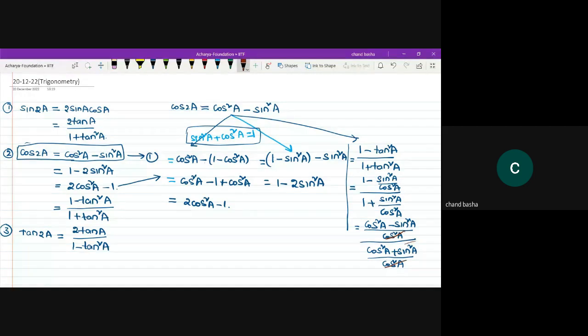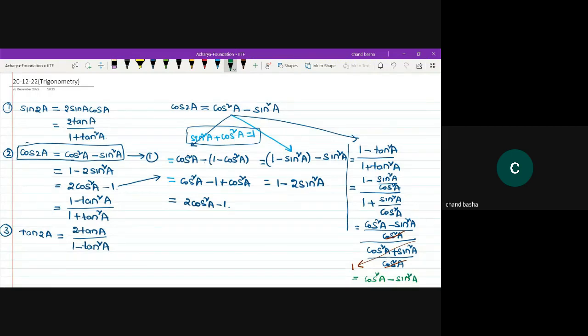And you know that sine square plus cos square is equal to how much? It is 1. So what am I getting overall? I am getting only cos square A minus sine square A. Is it the cos 2A formula? Yes, it is cos 2A.